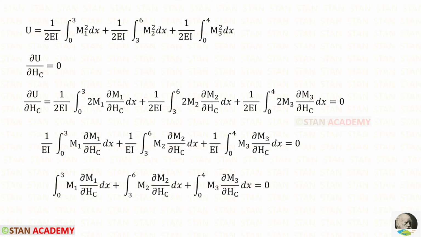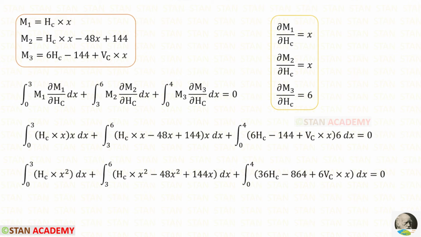And when we partially differentiate M3 square with respect to HC, we will get this. We can eliminate 2. 1 upon EI is common. We can take it outside, and on the other side, 0 into EI, it will be 0. Now let us apply the expressions for M1, M2 and M3. Also, let us apply the partial differentiations.